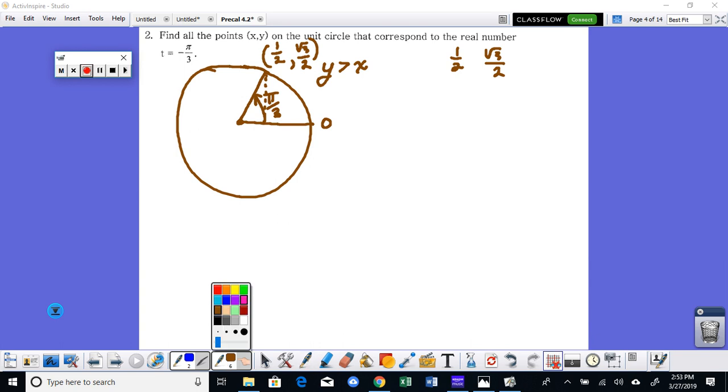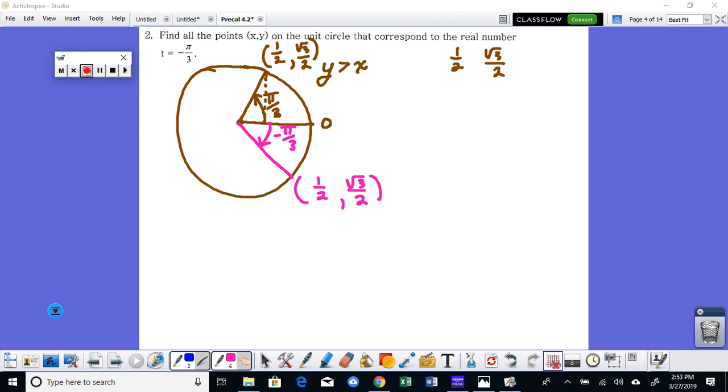So if we come down here and make this a negative pi over 3, the absolute values of my ordered pair are going to be the same, 1/2 and square root of 3 over 2. But which quadrant is that in? 4.